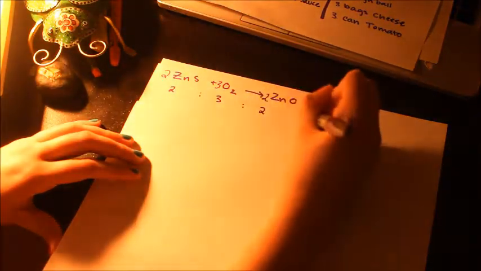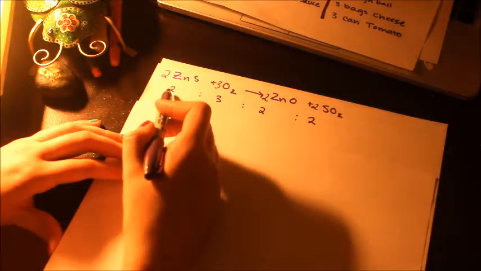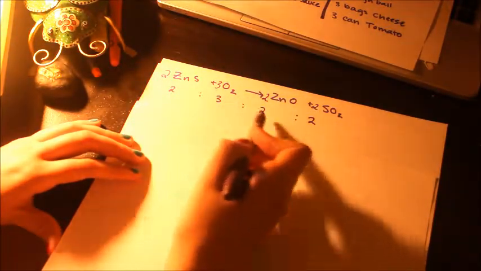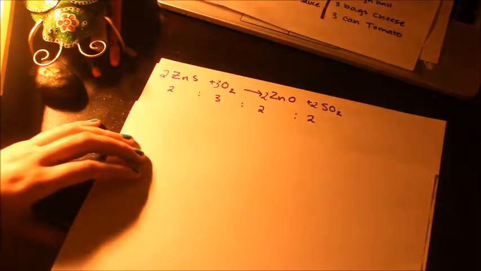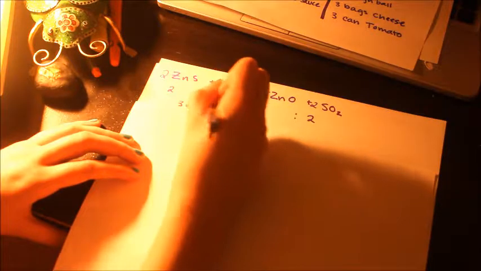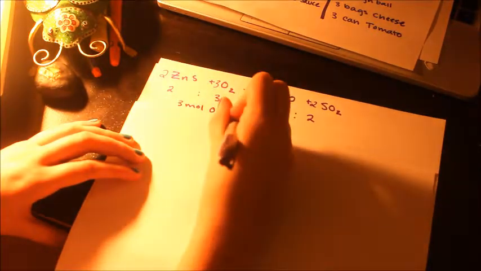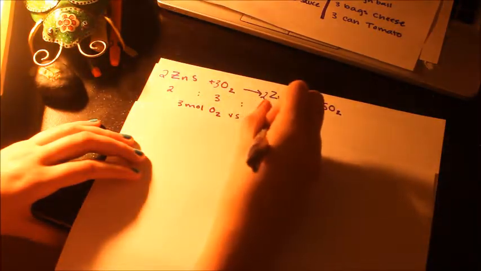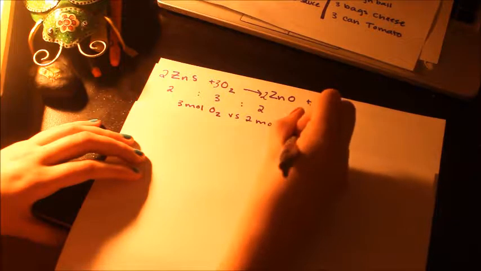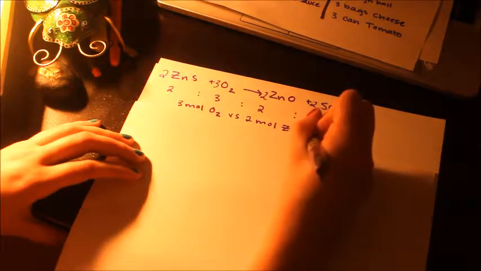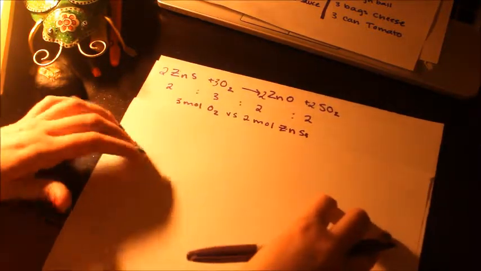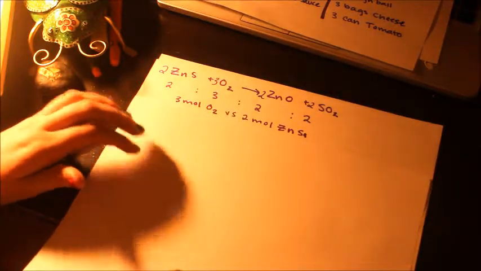It's a 2 to 3 to 2 to 2 reaction, so it's kind of like an X, Y, X, X sort of thing. So we have 3 moles of O2 versus 2 moles of ZnS, however you pronounce that.